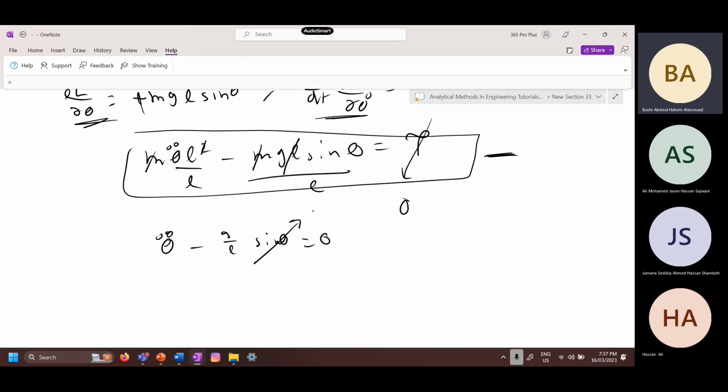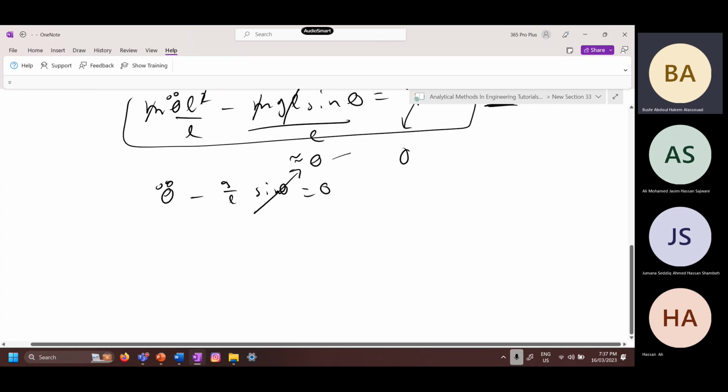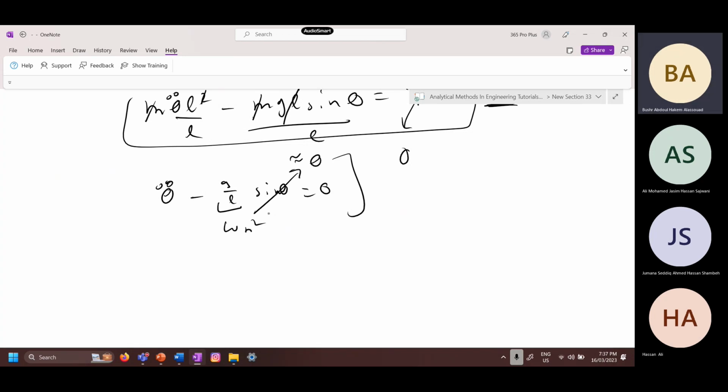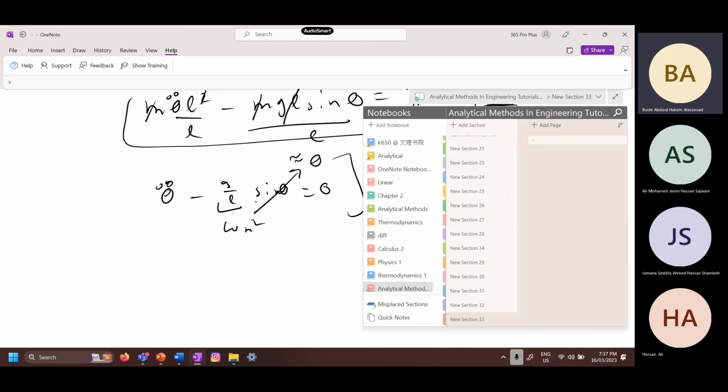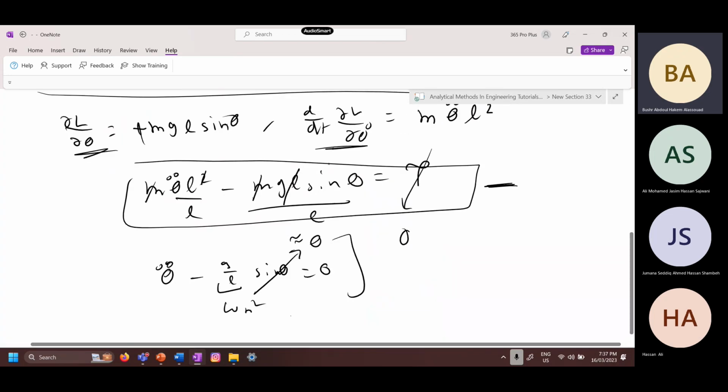Sine theta can be approximated to theta because it's small, but anyway, you'll get this differential equation, and this part is going to be the natural frequency. Anyway, you're not going to use all of this. You only need to obtain this, but just for your information.